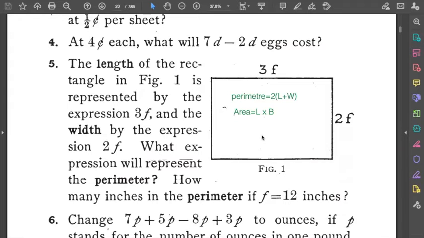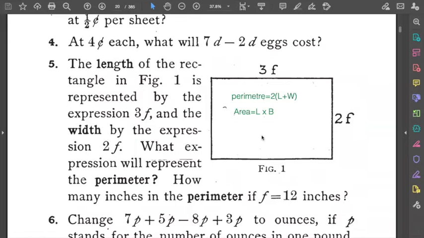To simplify them, 3f plus 2f, what do you have? 5f. Good. Now 2 times 5f, what do you have? 10f. Good. So perimeter is equal to 10f.